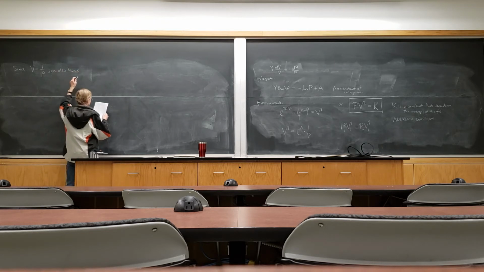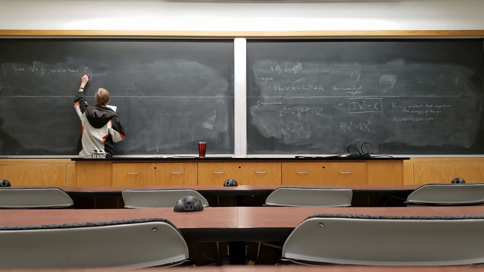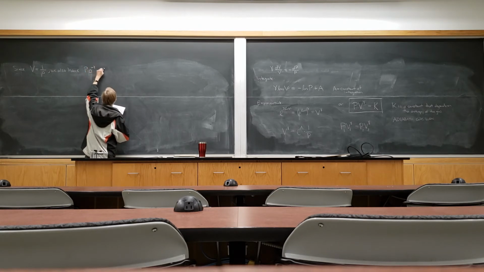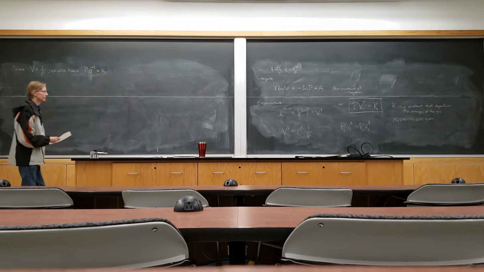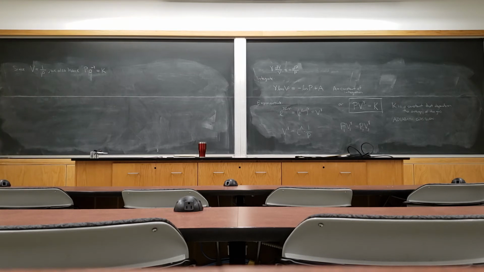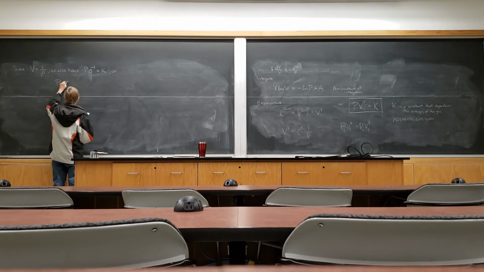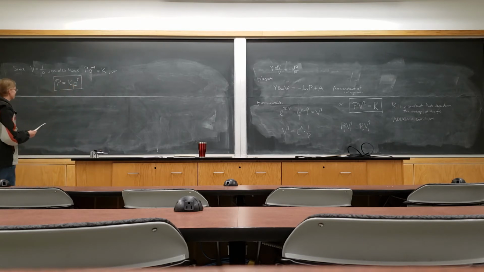So we can also put this in terms of P rho to the minus gamma is equal to the constant. Or in other words, P is a constant times rho to the gamma.